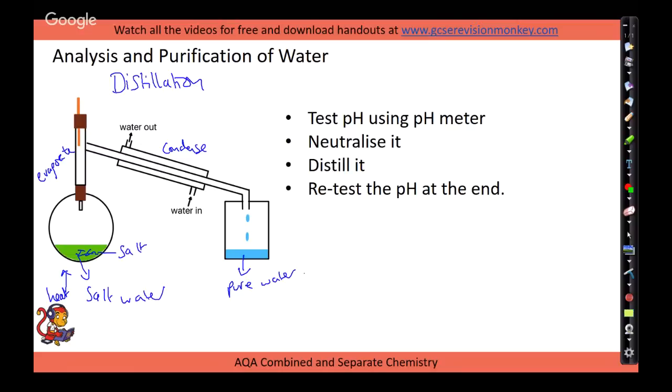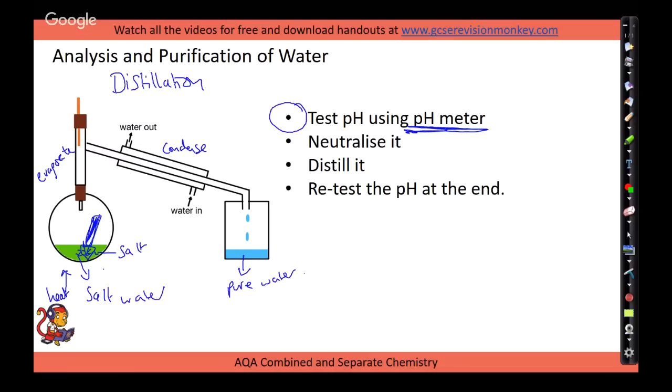So the steps we need to do, first of all, we need to test the pH of our salt water using a pH meter. We must use this because we can't add an indicator in. If we add an indicator in, it's a bit pointless because it's just going to be another thing that needs to be separated. So if you use a pH meter, which is a device that you would stick into your solution and measure the pH electronically, that is a better option.